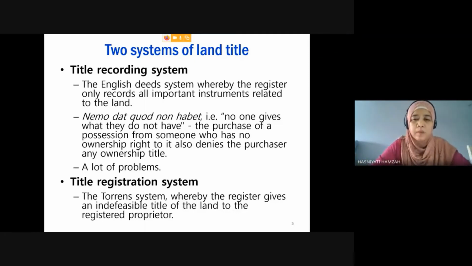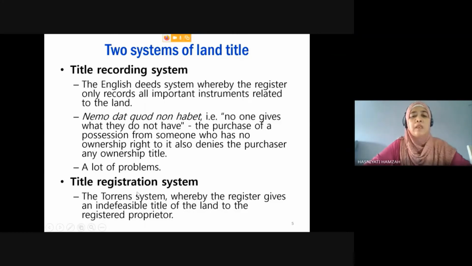A lot of problems are created. It means that the current owner has to do something to rectify the broken chain of ownership. So a lot of problems with the title recording system. Okay, and that's why most countries realize that it is very complex, very tedious, very tiresome, very costly. That's why they prefer the second system, which is the title registration system.